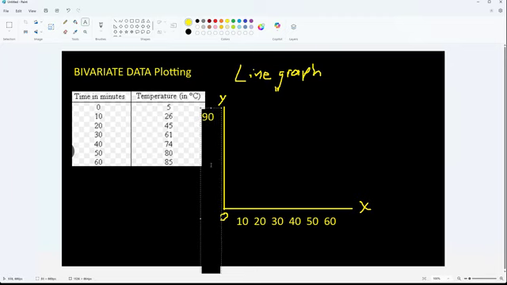Yeah, so there's 90, and then let's do 80, 70, 60, 50, 40, 30, 20, 10, and 0. And that's a rough axis.